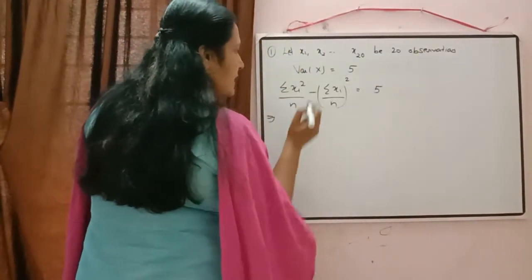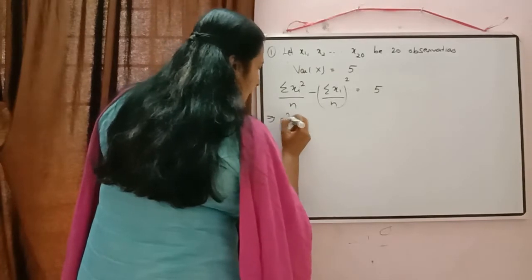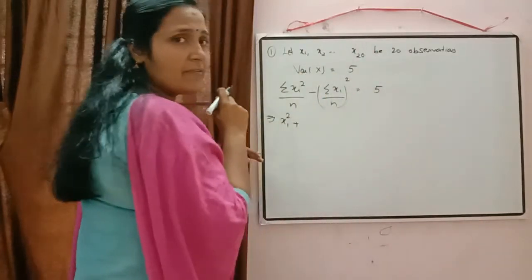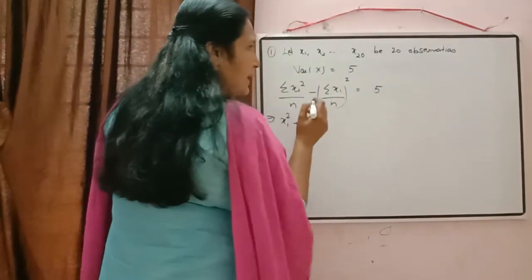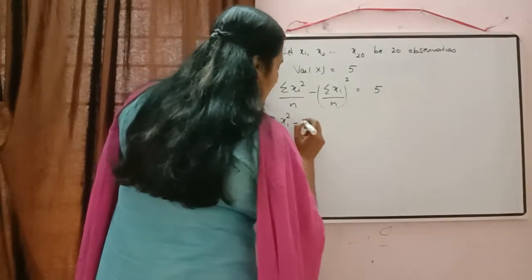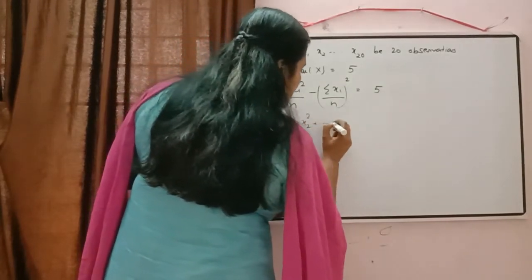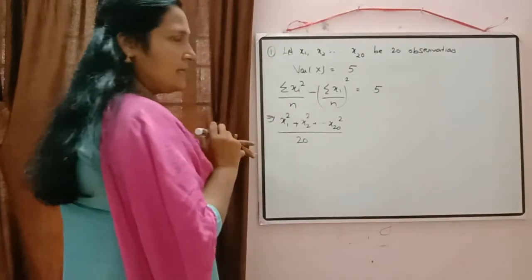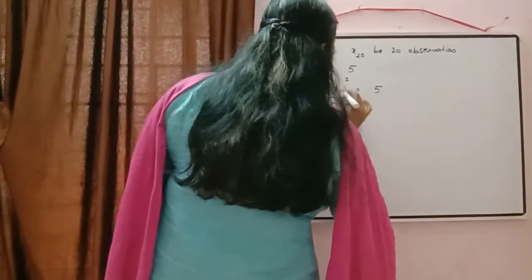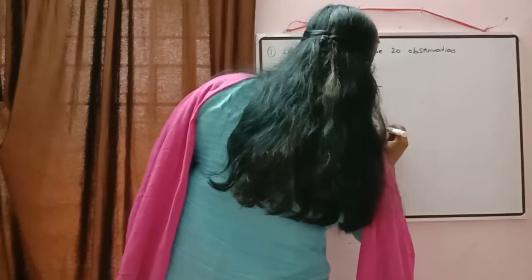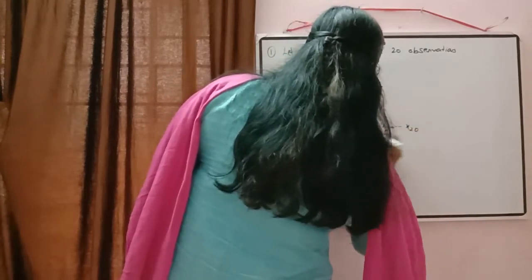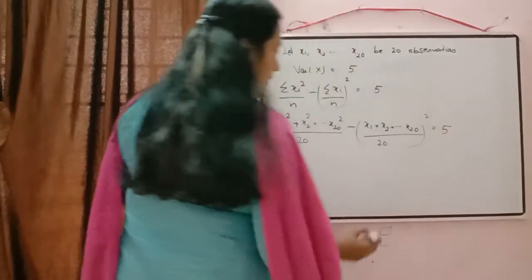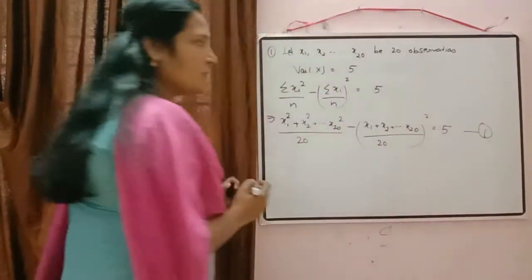Sigma xi square by n means we are adding from i equal to 1 to n, and here n is 20. So x1 square plus x2 square plus etcetera plus x20 square by 20, minus x1 plus x2 plus etcetera plus x20 by 20 the whole square, is equal to 5. Make it equation number 1. This value is given.